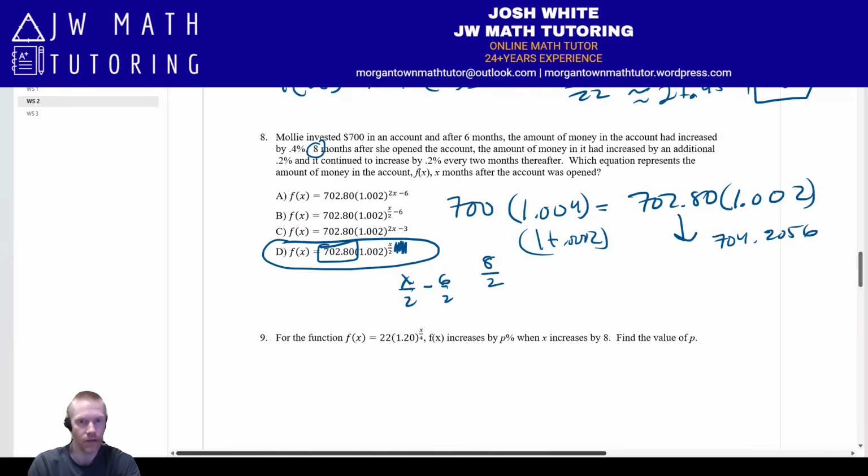The problem is you have to subtract it down, because even though you're plugging in 8 for the number of months, really it's only been 2 months that interest has been earned at this lower 0.2% interest rate. So that's why this minus 6 over 2 is here, to reduce the 8 over 2 down to 2 over 2, which is just 1. Okay, so that's why it looks like that.